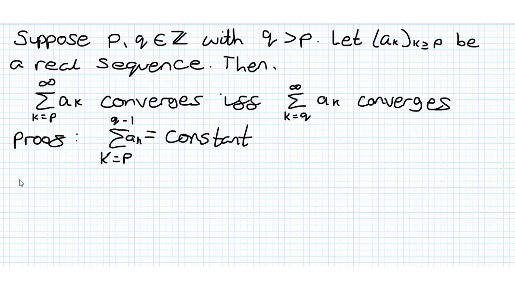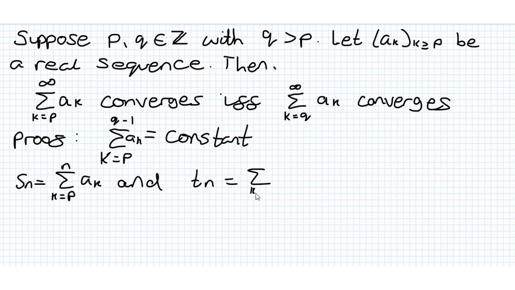And if we take Sn equal to the sum from K equals P up to n of AK, and Tn equal to the sum from K equals Q up to n of AK, you can see that Sn is the same as this here, but with n not as infinity, and K equal to Q, and Tn is equal to this one here, but again n is not equal to infinity.